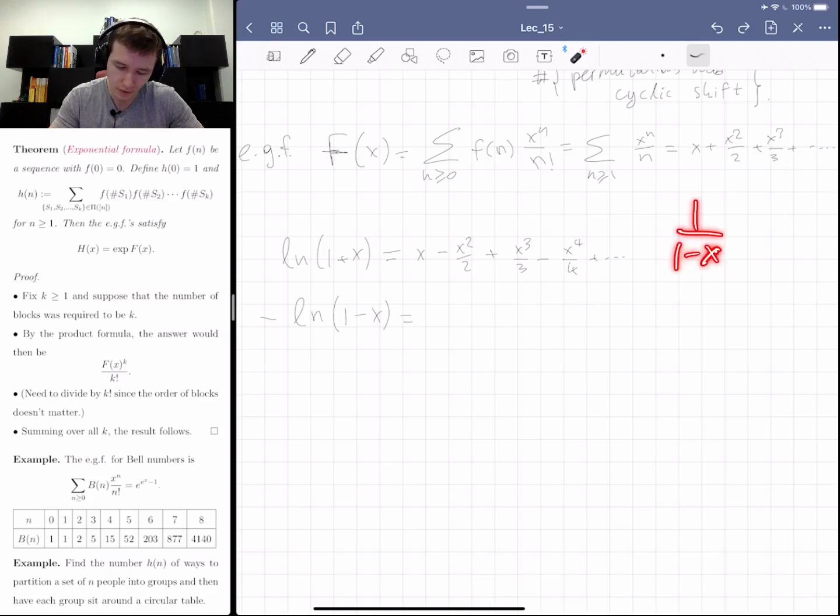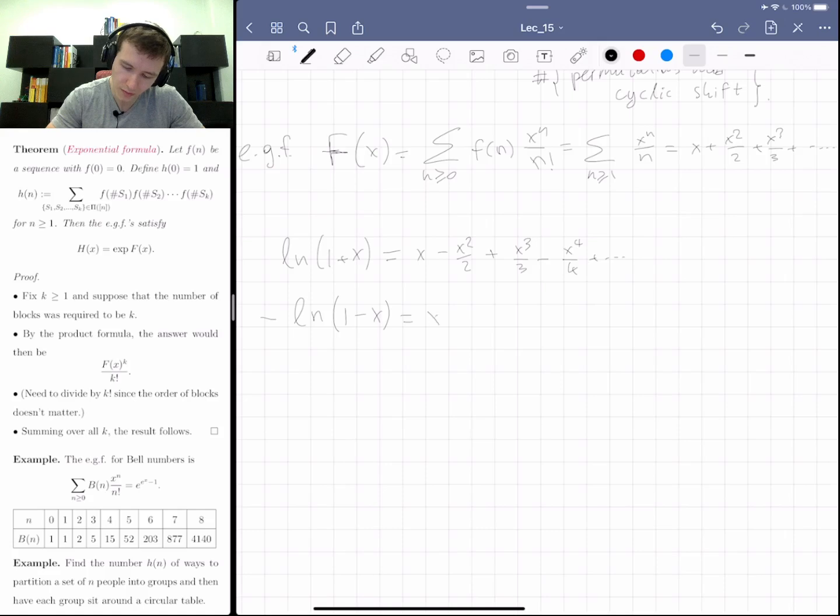Then the point is that x plus x squared over 2, you could take the derivative and then etc. So the claim is that capital F of x is negative the natural logarithm of 1 minus x.